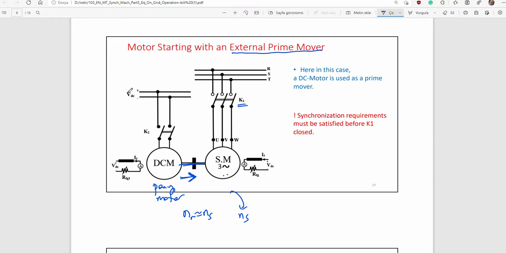What we are doing, here's a DC motor, which is the pony motor. It could be any kind of motor. In fact, it could be a diesel engine, for example, or a gasoline engine, it doesn't matter. Something to drive you need. So you adjust field current, you manage speed control here. That speed will be adjusted to synchronous speed.